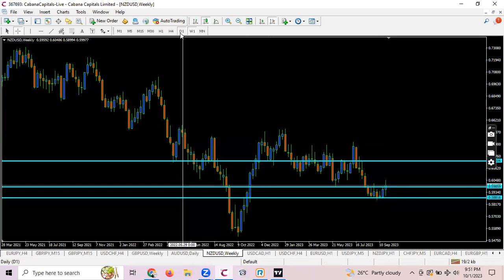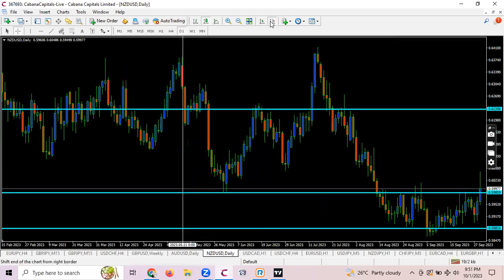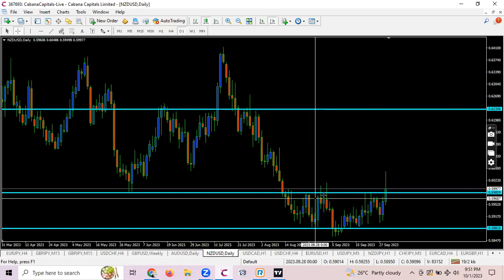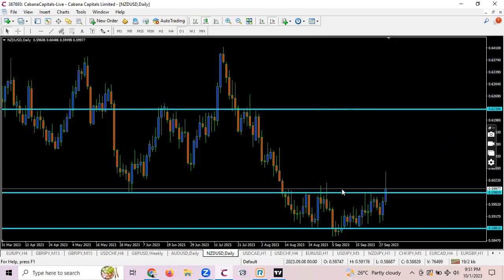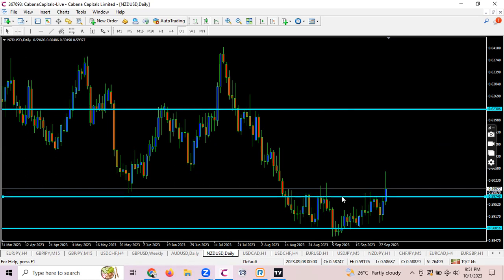Let's go to daily. What do we have on daily? You can see this was the high of the range. So last Friday's candle closed above that range. So you should expect price to pull back to a fair value gap before you consider buying.